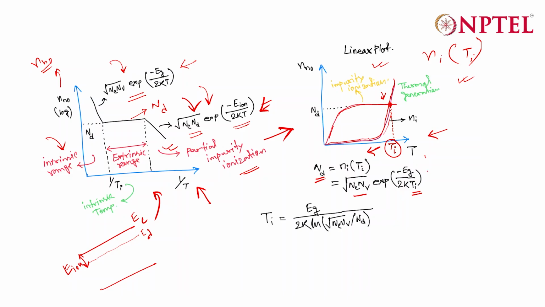Now from this equation, with simple mathematics, you'll find that Ti is equal to Eg divided by 2k ln root over NcNv by Nd. So this is your intrinsic temperature expression. Now it is very obvious, if your Eg is high, that is, if a material has a higher band gap, definitely your intrinsic temperature will be higher.